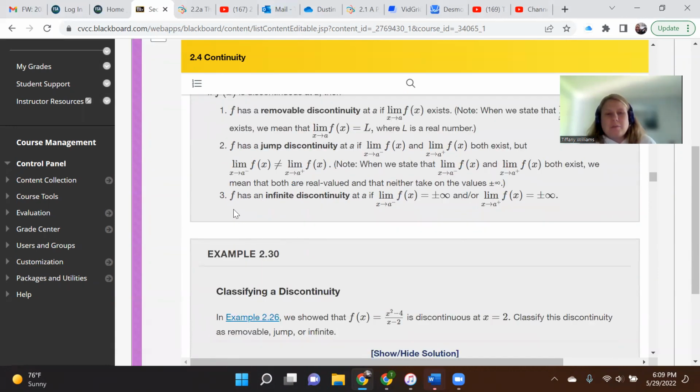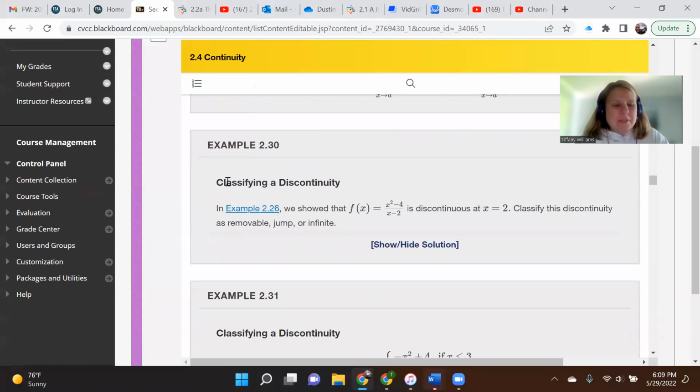And finally, number 3, f has an infinite discontinuity if you take the limit as x approaches a from the left or from the right, and it shoots off in one direction or the other. Cool. So that's our types of discontinuities.